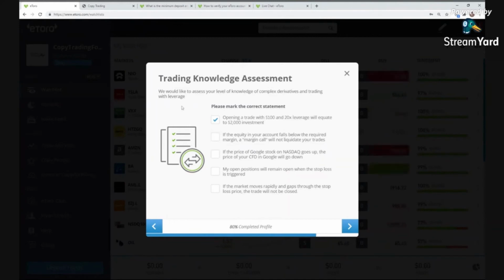So they're asking you a trading question here. We would like to assess your knowledge of complex derivatives and trading with leverage. Mark the correct statement. Opening a trade with $100 with 20 leverage will equate to $2,000.